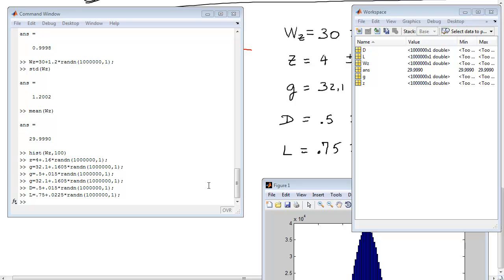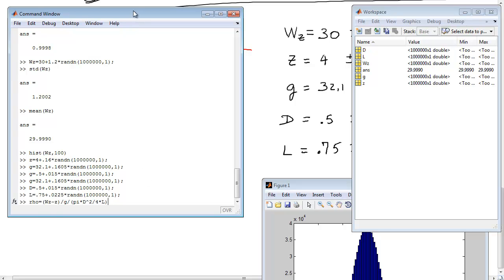Now, simple equation. Let's see if I can find it in my history. Okay, it is this equation. See if I can drag it over into right there.